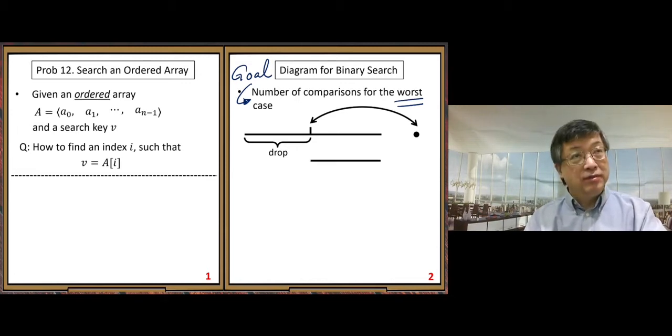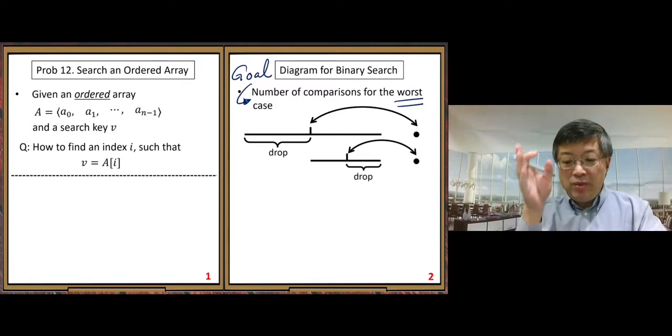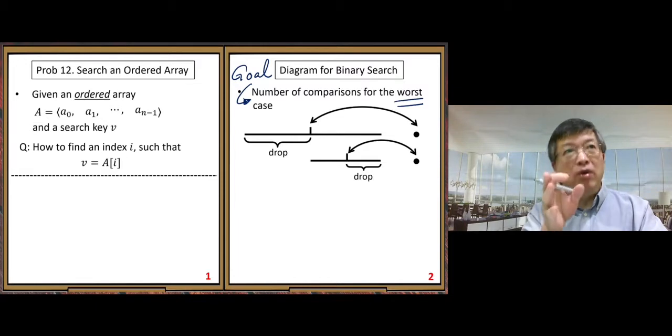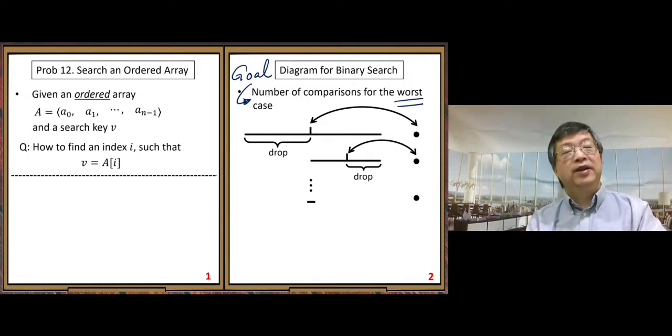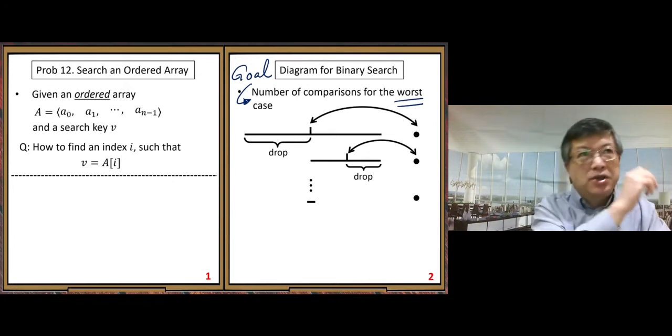The next round, our second comparison, another one in the middle, we will drop another smaller subarray.